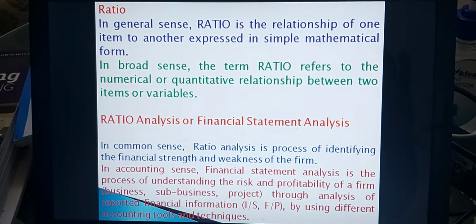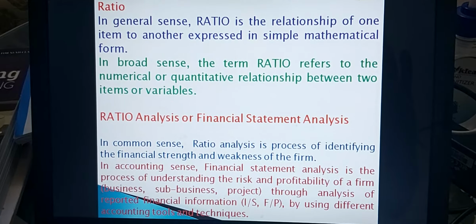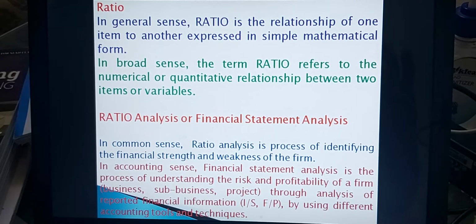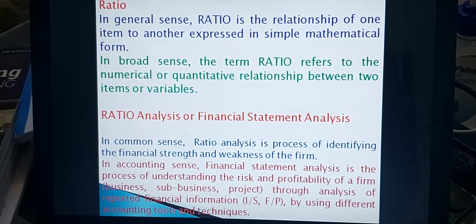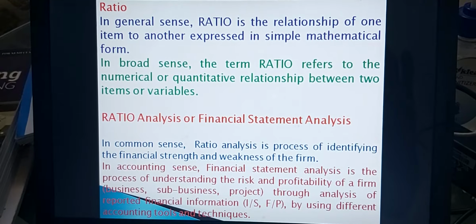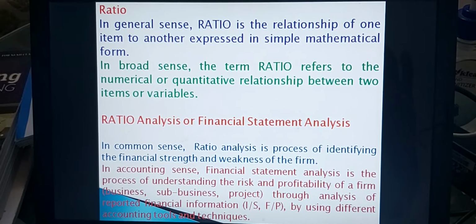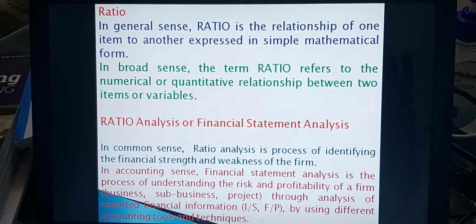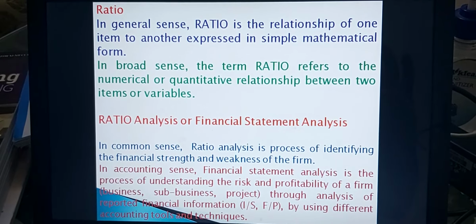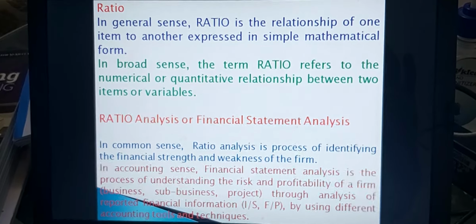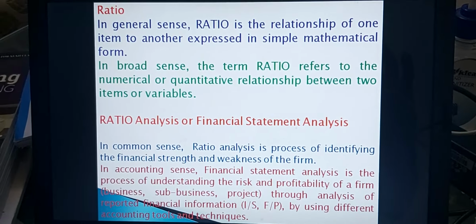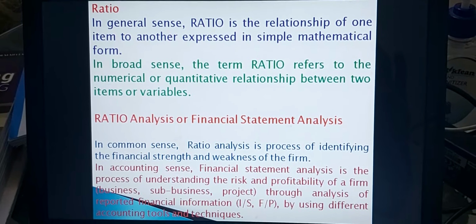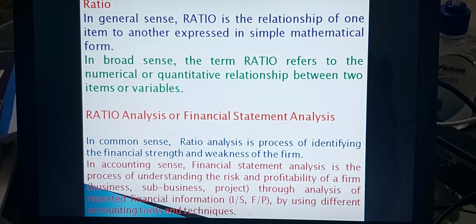In accounting sense, financial statement analysis is the process of understanding the risk and profitability of a firm, business, sub-business, or project through analysis of reported financial information, that is the income statement and financial position, by using different accounting tools and techniques.